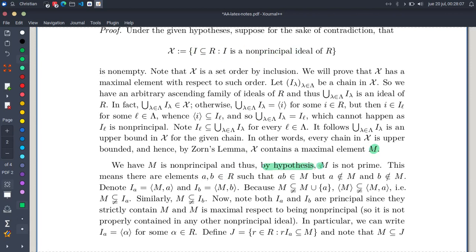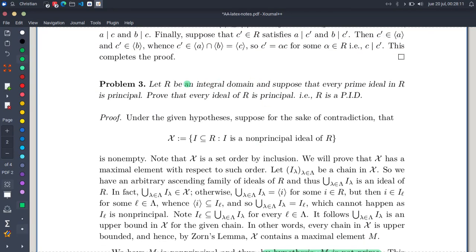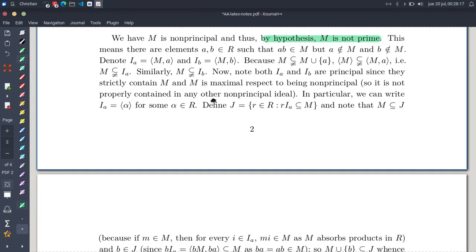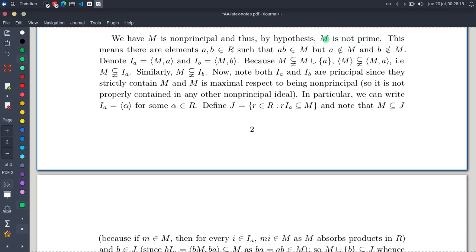And by hypothesis, it follows M is not prime, because we stated that every prime ideal in R was principal. Okay, what this means is that there are elements a, b in R such that the product ab belongs to M, but a is not in M and b is not in M.